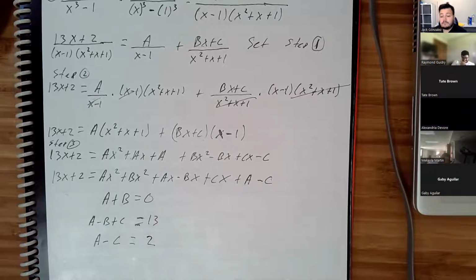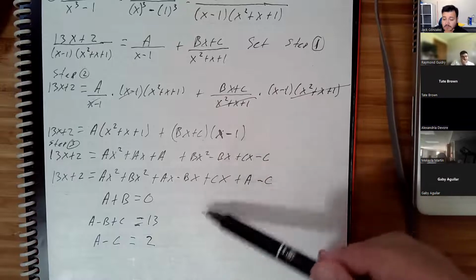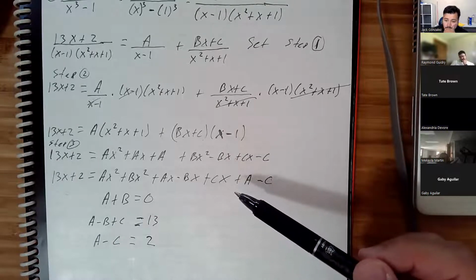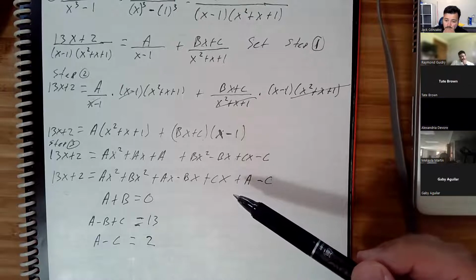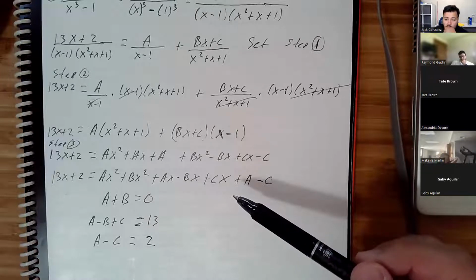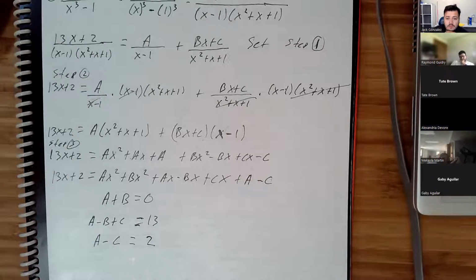You guys agree with this setup so far? Any questions on the algebra or the equating the coefficient step? Okay, let me know if it's confusing.